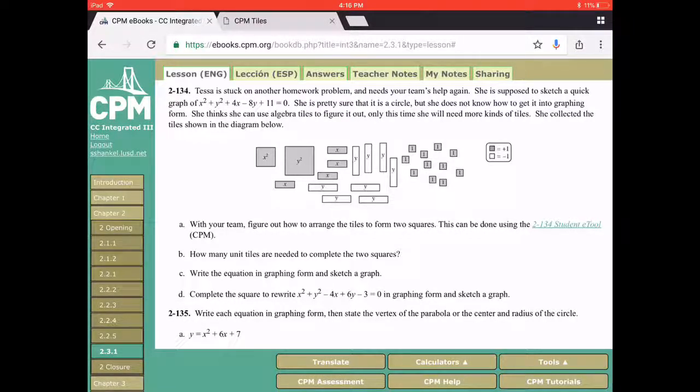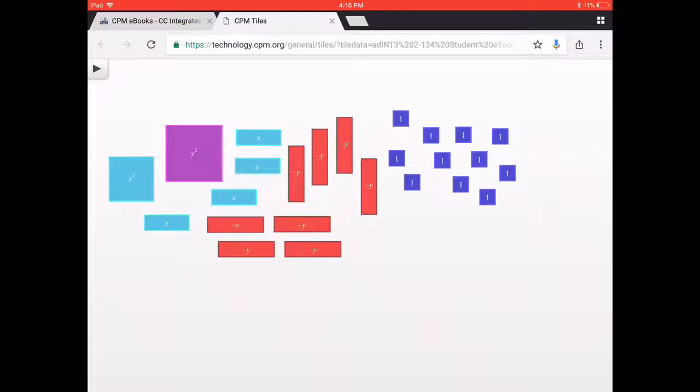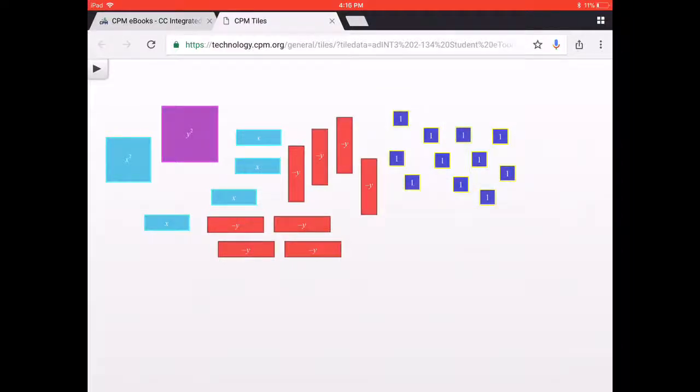First we're going to use this E tool down here, and all the tiles are ready for you. We have x squared, 4 x's, y squared, and 8 negative y's, and our 1 tiles over here. We're going to try to arrange these to make 2 squares.